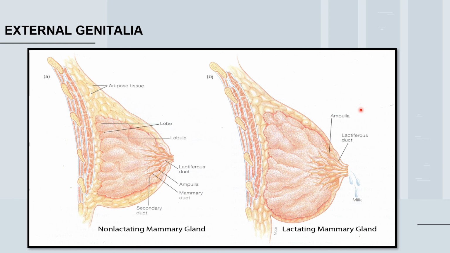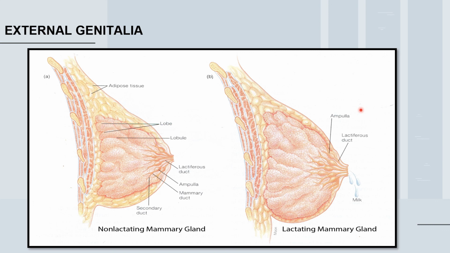Internal female genitalia refers to those female reproductive organs which are located internally inside the body of the female. Next, I explained the external female genitalia, which refers to those reproductive organs which can be seen externally on the outer side of the body of a female.